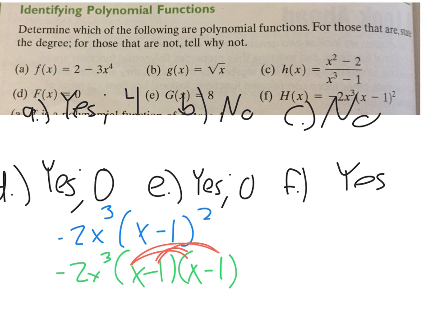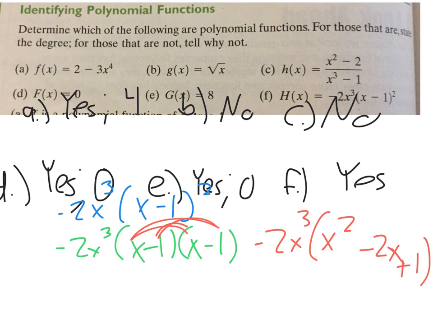So that's going to give me negative 2x to the third times x squared, x times negative 1, negative x, negative 1 times x, negative x. So negative x and negative x is negative 2x. I'm combining steps together. And then negative 1 times negative 1 is positive 1. And now we're going to distribute one more time.